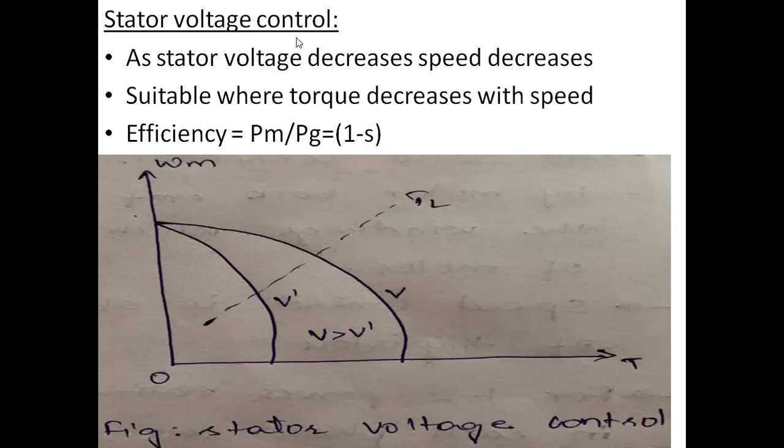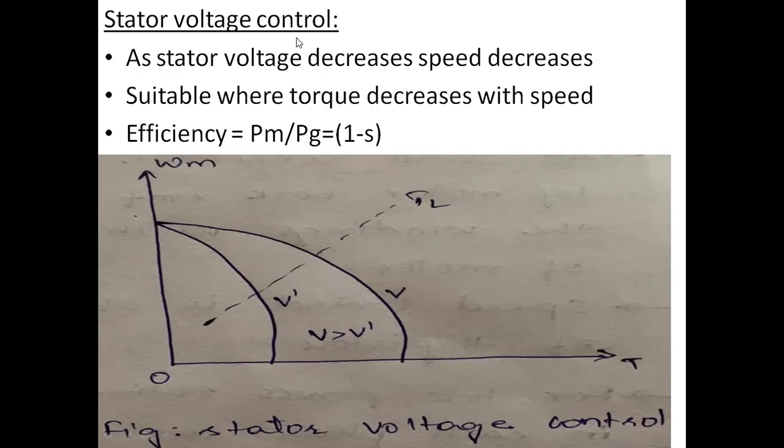And this type of method is suitable for applications where the torque demand reduces with speed. If the voltage is reduced, the speed reduces with some decrease of torque.